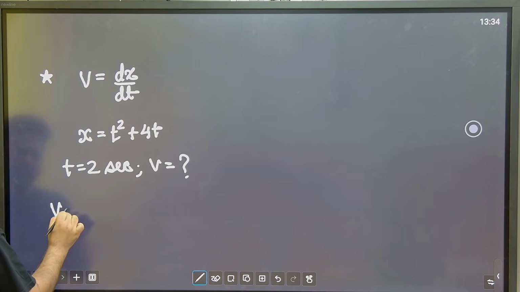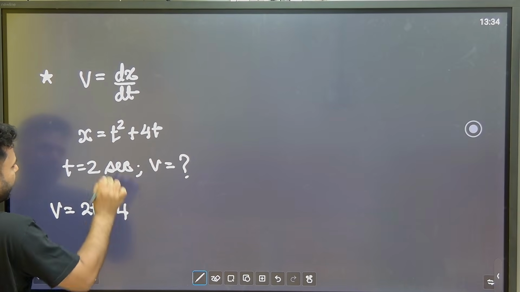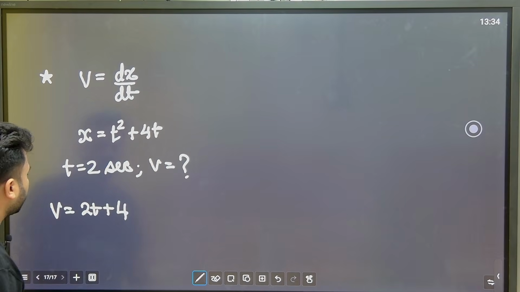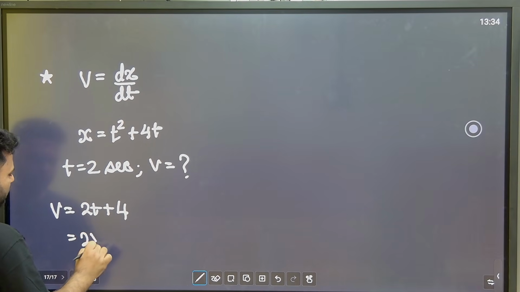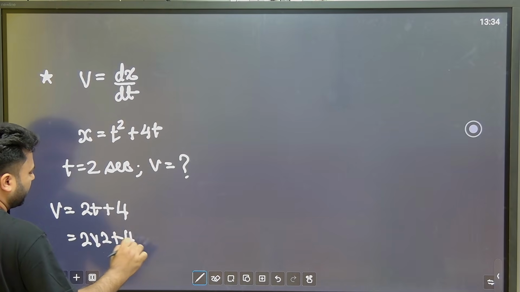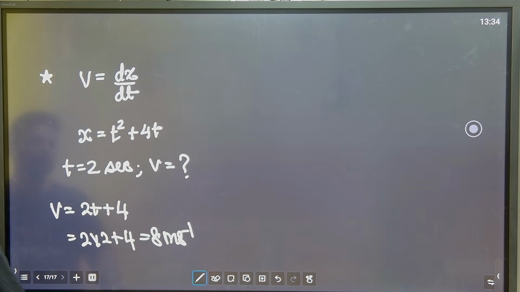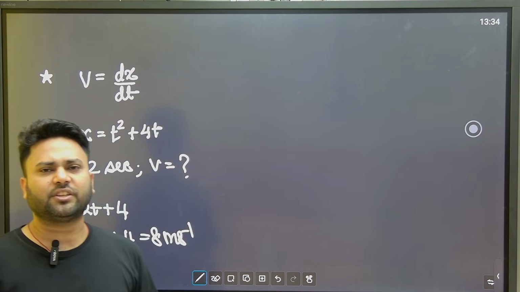So velocity you will write dx by dt, differentiate. So dx by dt will be 2t plus 4. I have differentiated this: t square differentiation is 2t, 4t differentiation is 4. They are asking the velocity at time t equals 2. So put 2 into 2 plus 4. So 4 plus 4, 8 meter per second. You can solve like this. So the first kind of question they can make like this. This is the first type of question.